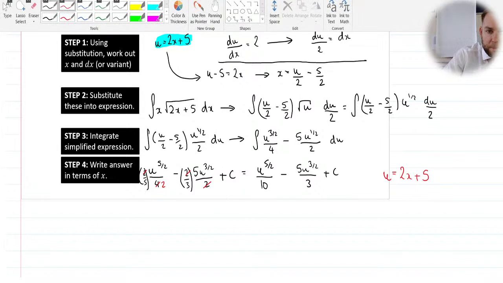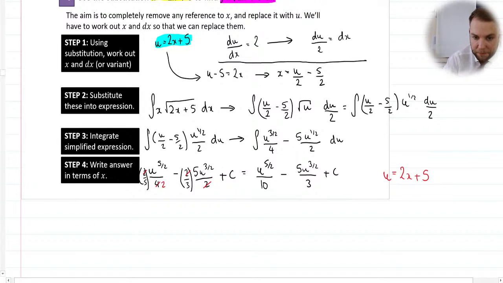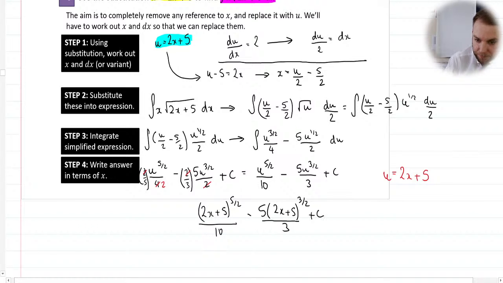So my final stage here is to substitute all this back in. So it's going to be 2x plus 5 all to the power of 5 over 2, all divided by 10, minus 5 times 2x plus 5 to the power of 3 over 2, all divided by 3 plus c.